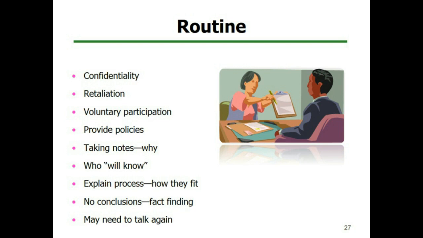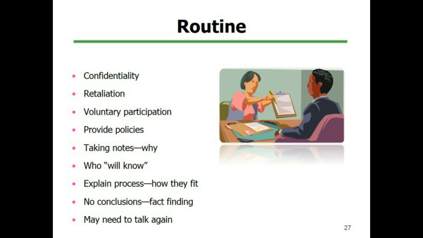Okay? You explain to everyone the process of an investigation and how they fit. So you might say to a witness, George, your name was given to me as somebody who might have some information about a possible violation of our harassment policy. Pretty easy.